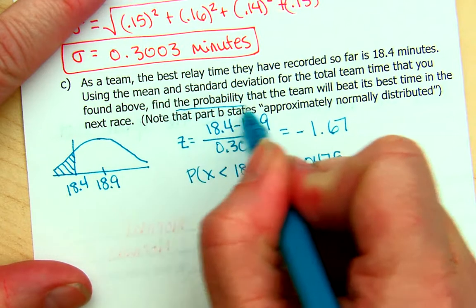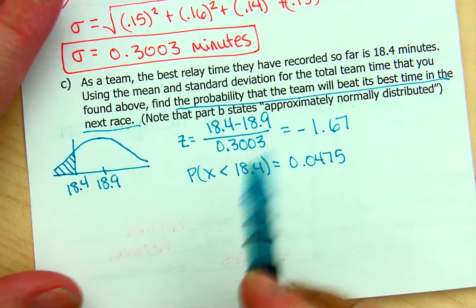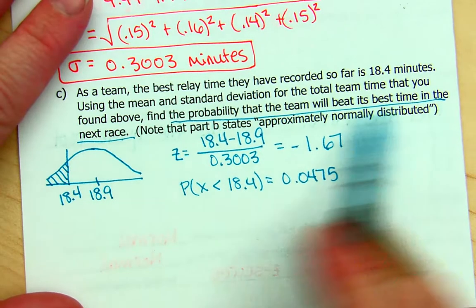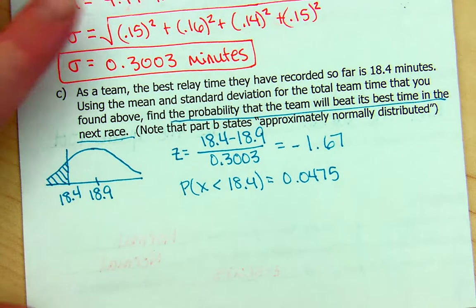Then there's my context for how I'm going to write this out. So I'm just going to write that same statement as before, and then give this probability.